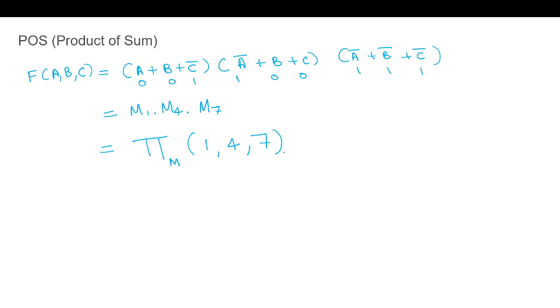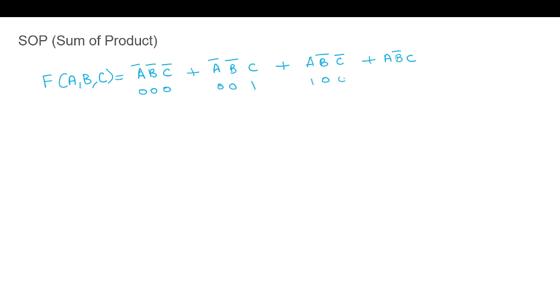In a similar way, if we have an SOP term, say f of A, comma B, comma C is equal to, so this is equal to 0, 0, 0, 0, 0, 1, 1, 0, 0, 1, 0, 1. And this can be written as sum of products, which is the sum of the min terms.